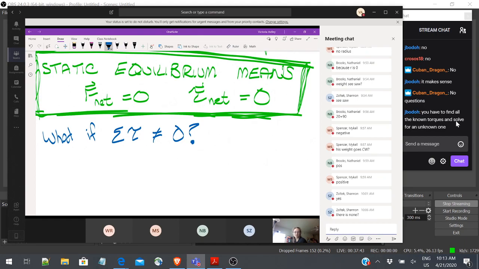Find all the known torques and solve for the unknown one. I mean more in terms of a physical sense. So if I had a structure where the net torque is not equal to 0, is it going to be in static equilibrium? It's going to rotate.